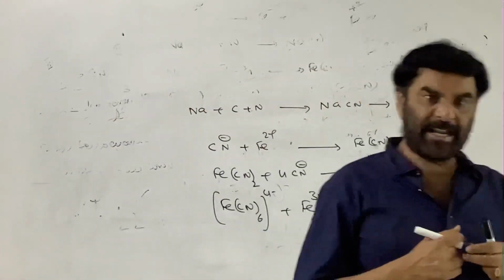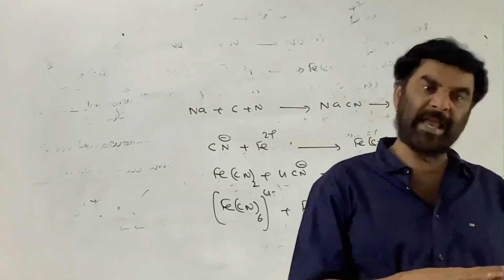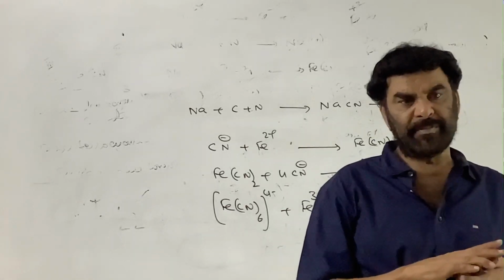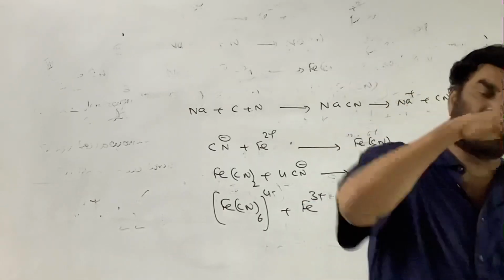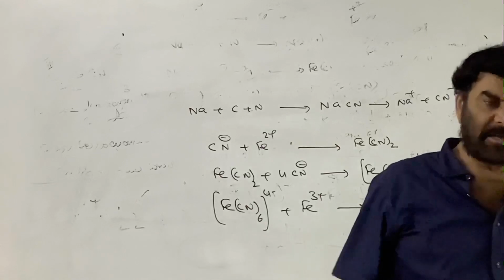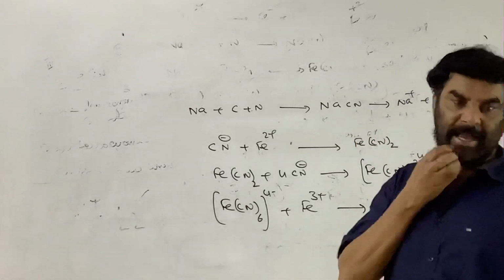So, after the addition of the ferrous sulfate, you can conduct the reaction in 2 ways: by adding H2SO4, or by adding HCl followed by ferric chloride. That way you can carry out the reaction.